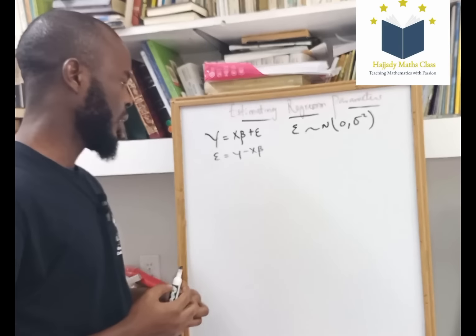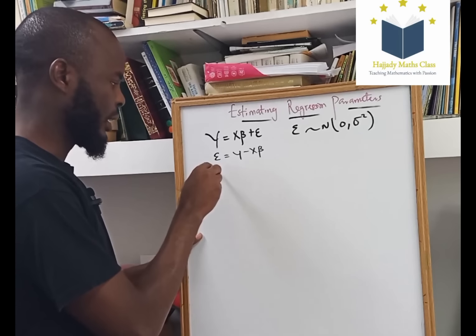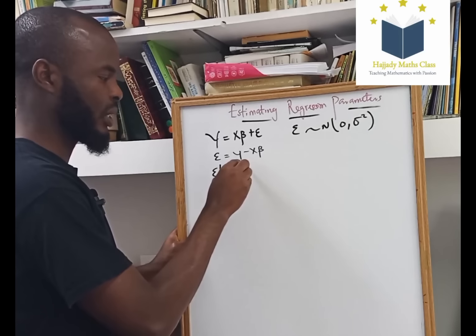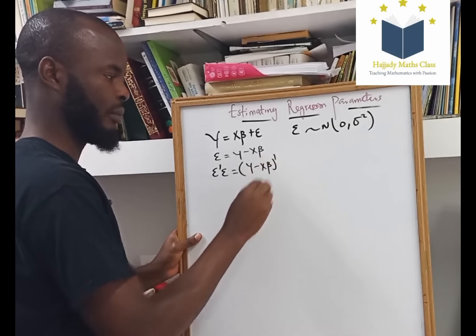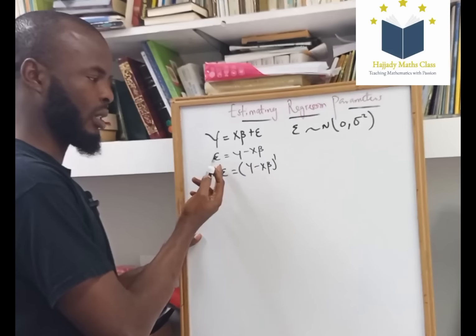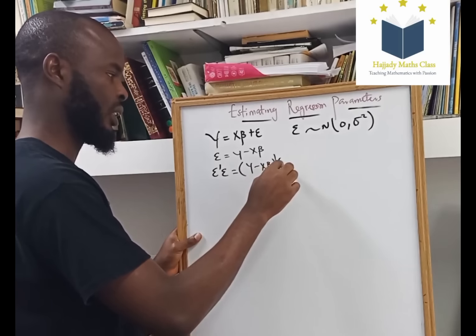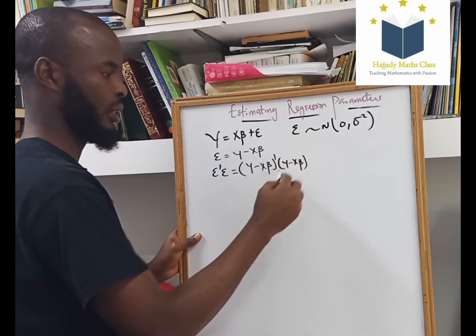So that is the error. So with this, our epsilon prime epsilon is the same thing as having y minus x beta, prime, which stands for the transpose. Either way, let me call it the transpose. Y minus this.